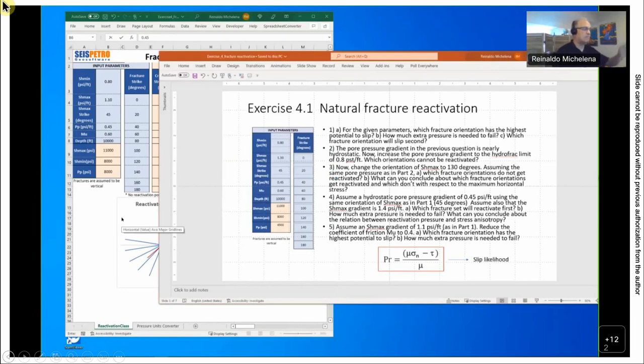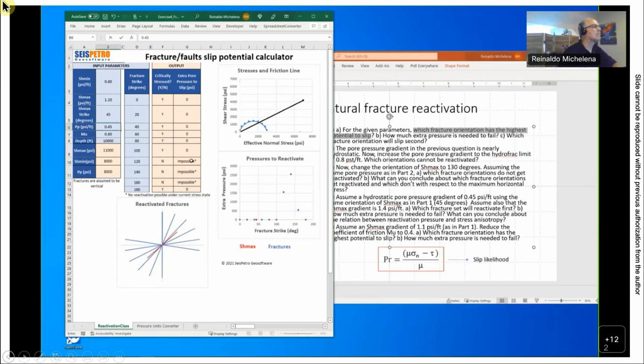So the first question is which fracture orientation has the highest potential to slip? So we come to the spreadsheet and we say, which of these fracture orientations has the highest potential to slip is the one that requires the smallest pore pressure.